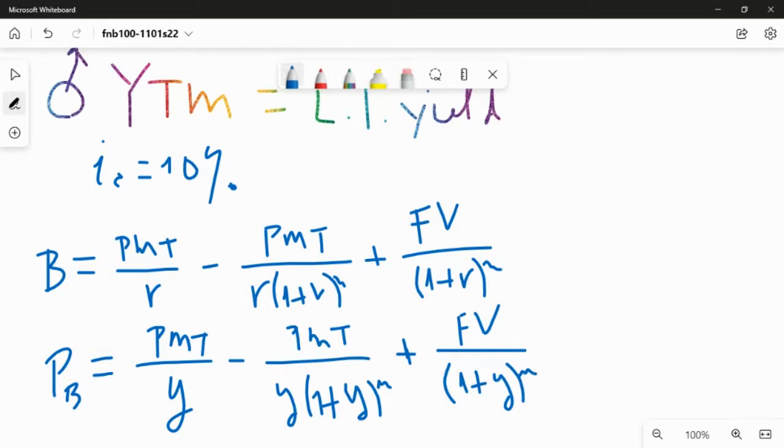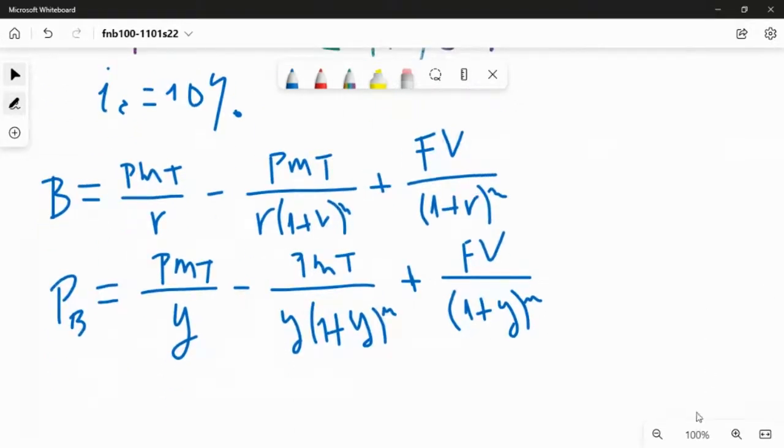Okay, then you might wonder, what's the difference? Aren't they the same formula? Yes, they are the same formula, but the unknown is different. Mathematically, the unknown is what you are solving for.